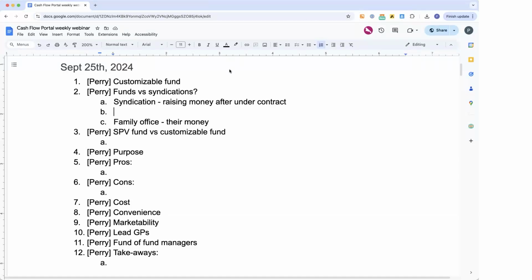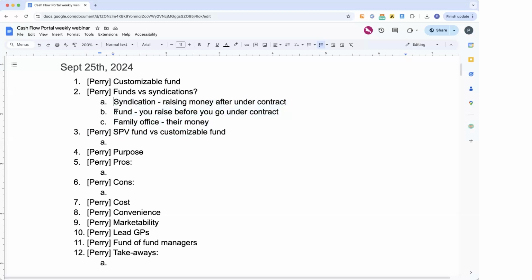Then there is something in between, which is a fund. The idea behind a fund is that you raise before you go under contract. You basically have the money ready before, and by the time you go under contract, you have the funds available. This is where multifamily and these large commercial transactions differ from single families.